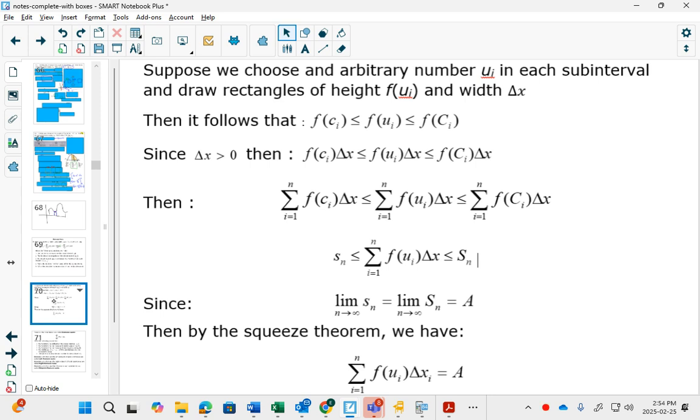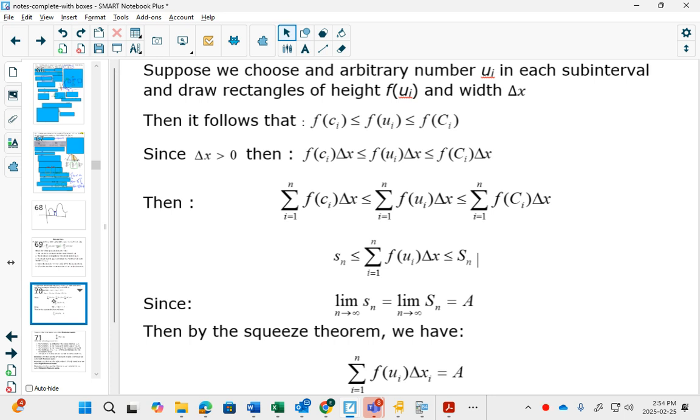All right. So we know that f(u) is in between the little c and the big C. It's somewhere in there. And if we added up all the little sums and all the big sums, the f(u) sums would be somewhere in the middle. So we know that the sum of the one in the middle has to be somewhere between the lower sum and the upper sum.